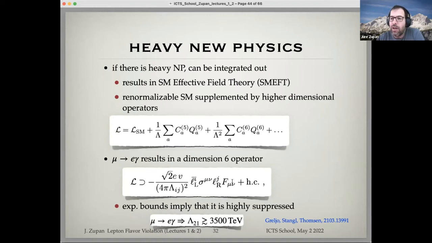The photon has to have the same dimension as the derivative because it sits in the covariant derivative, D mu plus g A mu. So F mu nu has dimension 2. So 3 plus 2 is dimension 5. There's one VEV from the Higgs, so this is a dimension 6 operator.